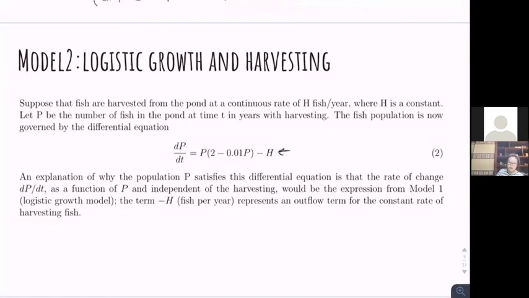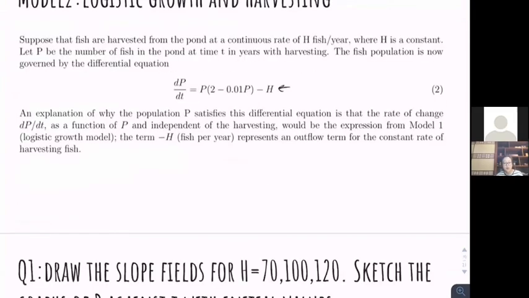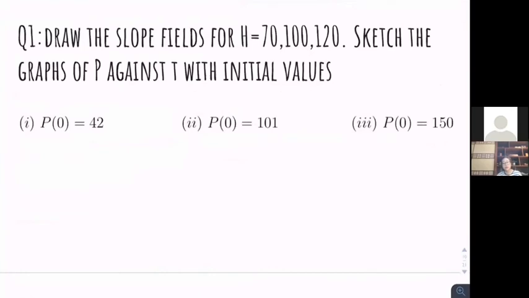Let's move on to the first question. Draw the slope fields for H equals 70, 100, and 120, respectively. Sketch the graph of P against t with initial values. We see these three conditions. I use some online resources to help me plot slope fields. Let's check it out.